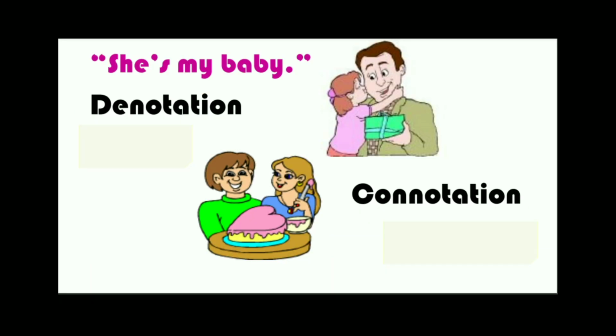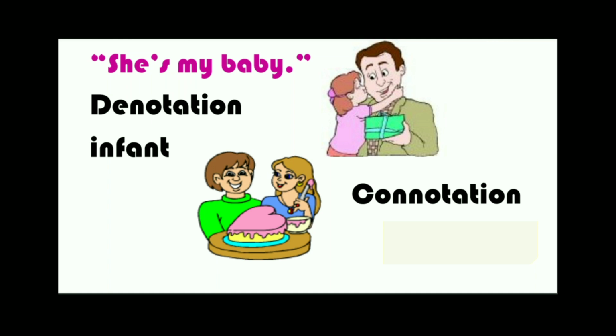She's my baby. What is the denotative meaning of the word baby in this sentence? She's my baby. So the denotative meaning is baby as an infant. Okay? So the denotative definition is based on the literal definition of the word baby.